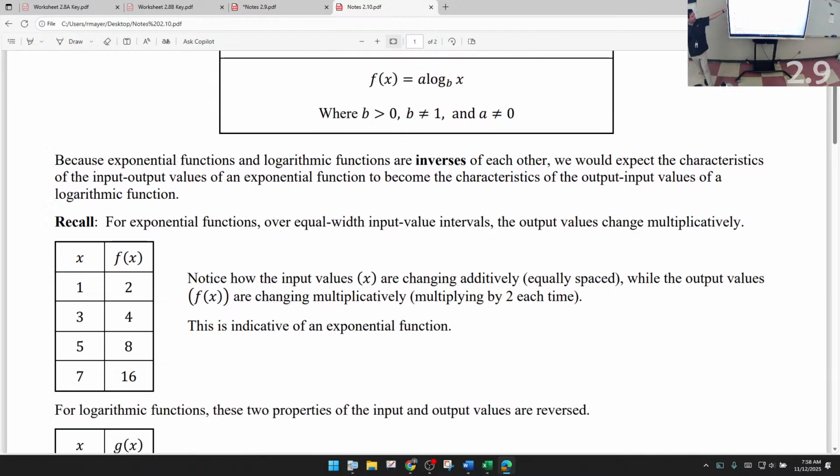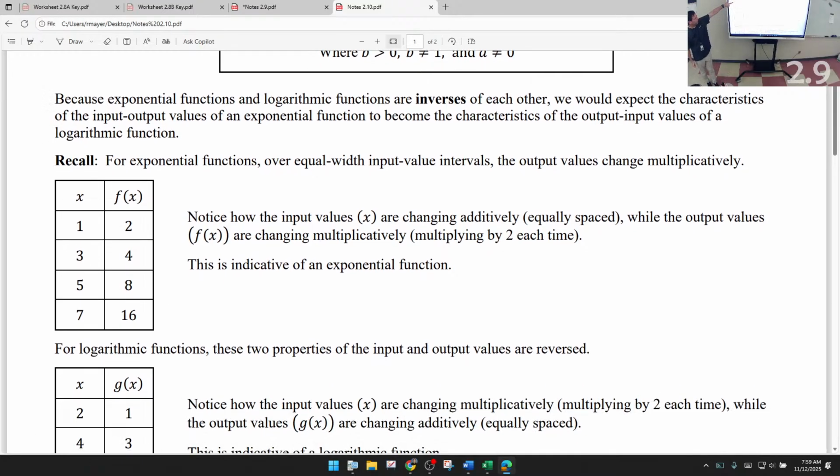Because exponential functions and logarithms are inverses of each other, we can also expect the characteristics of the output-input values of exponentials to become the characteristics of the output-input of the logarithmic functions. However, what was the output is now the input, and what was the input is now the output, because they're inverses.